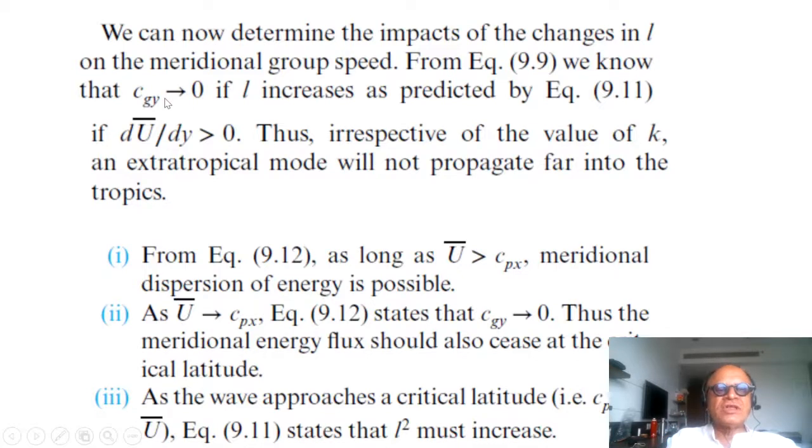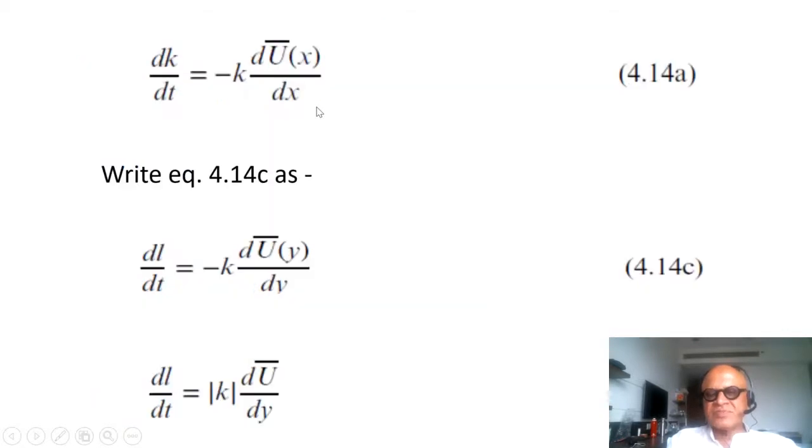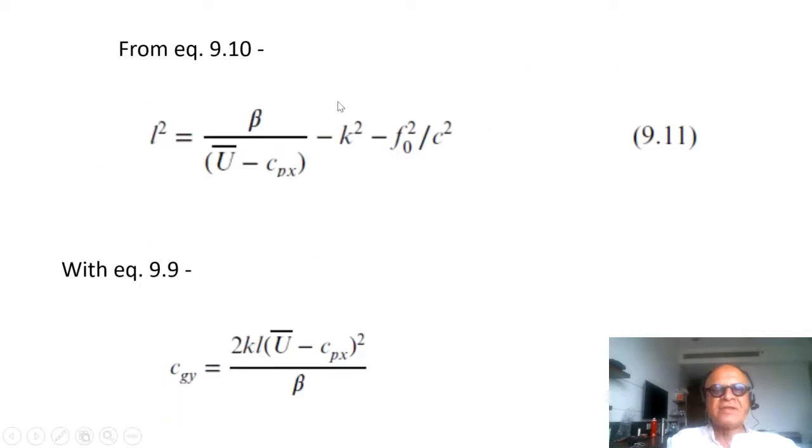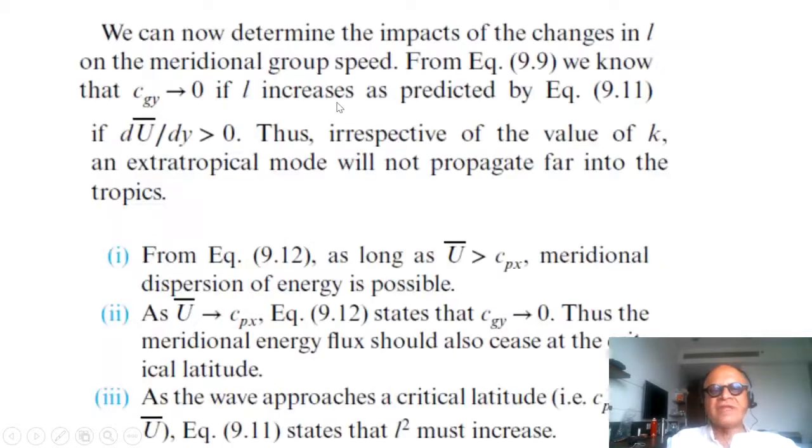We know that group speed tends to 0 if L increases, as predicted by 911. Which means what? As the wave gets shorter and shorter, we are going to trap the wave, and energy propagation is going to be reduced as well. So group velocity goes to 0.